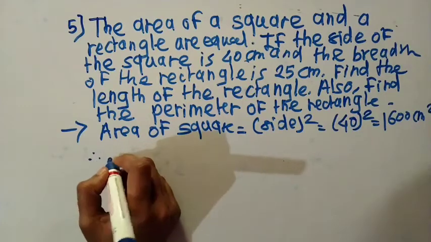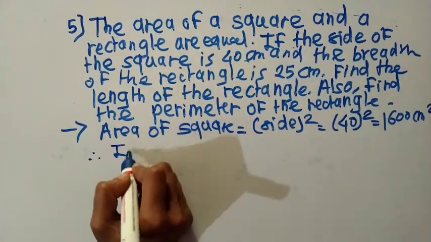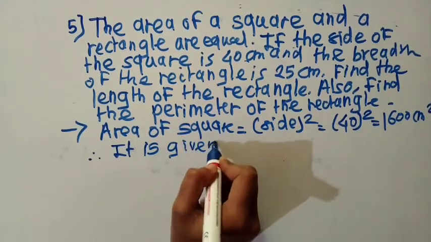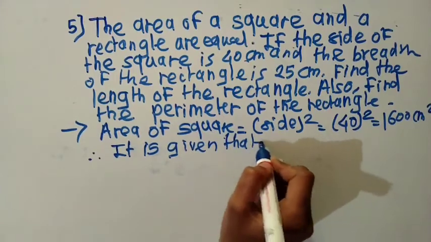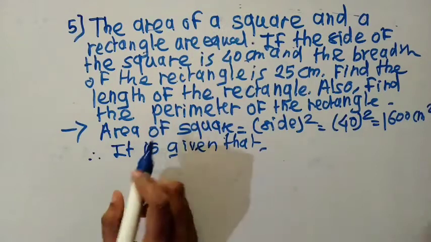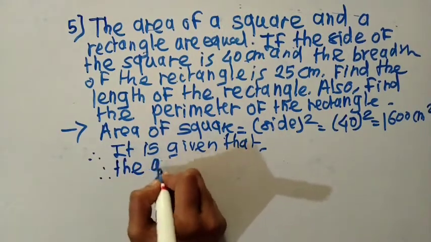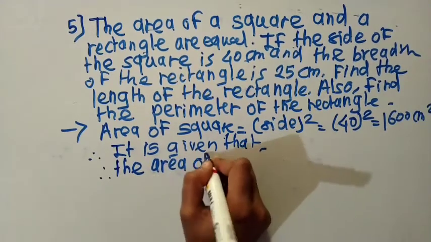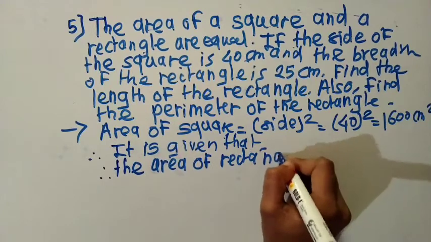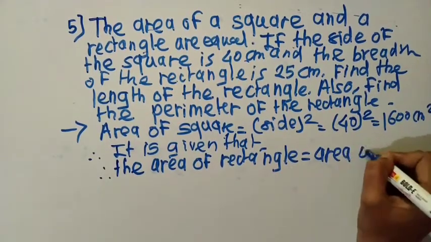It is given that area of square and area of rectangle are equal, hence the area of rectangle is equal to area of square.